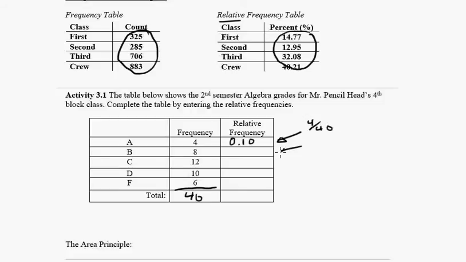Here we would have 8 out of 40, so that's 20%. And then we get 12 out of 40, so that would be 30%.